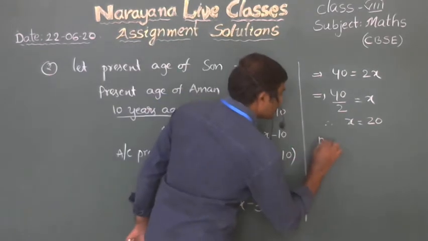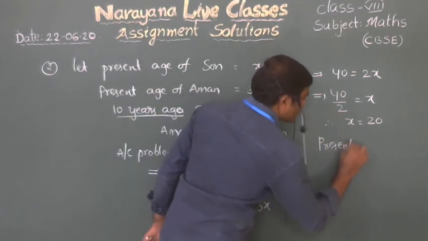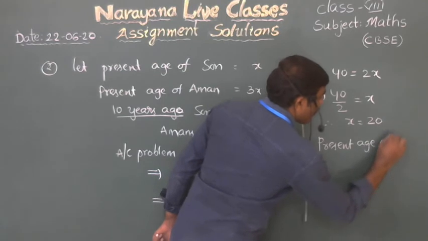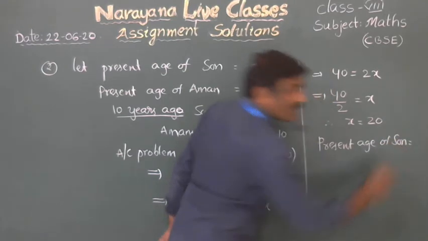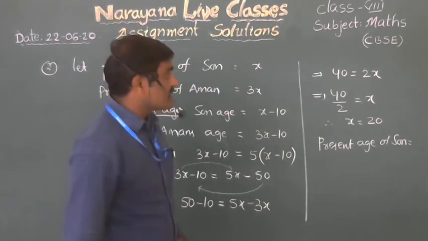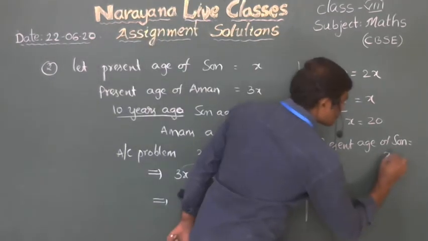Therefore, present age of son is equal to 20 years.